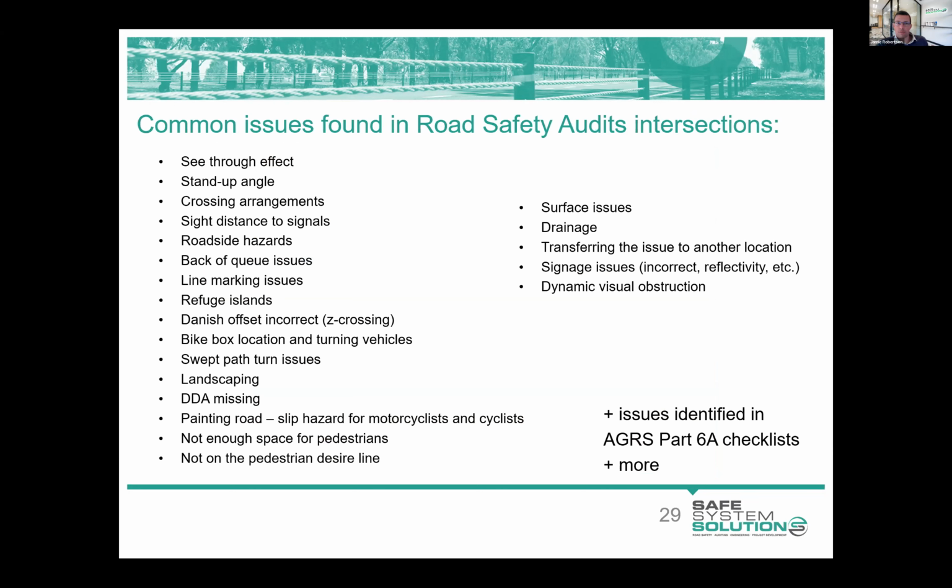Here is a list of common issues that occur at intersections. Now, a lot of these are alluded to in the checklists that are in the Austroads Guide to Road Safety, the road safety audit part. So I encourage auditors, and particularly new auditors, to use those checklists when they're doing audits.